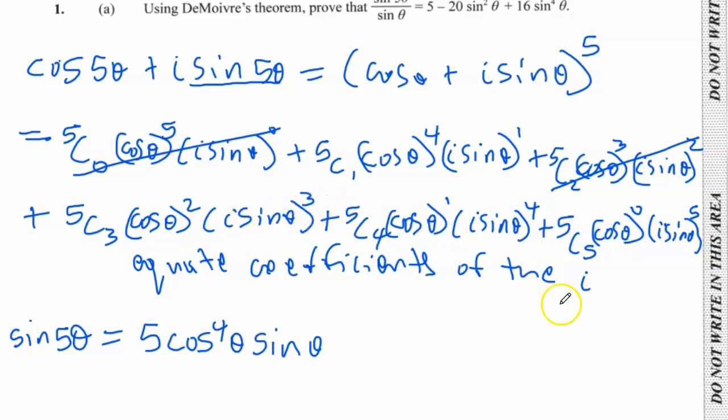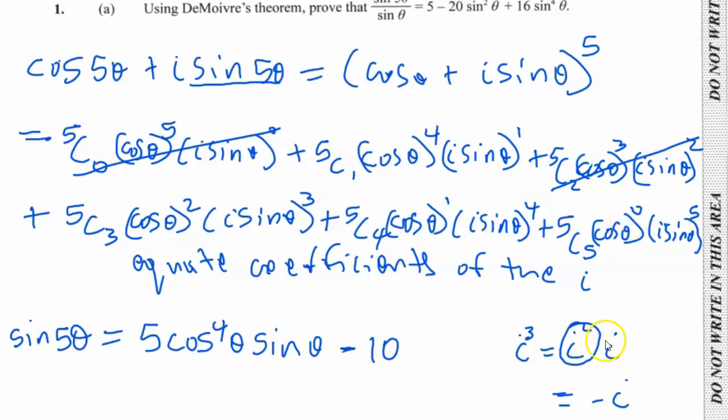Alright, now let's look at what i cubed is. i cubed is equal to i squared times i. And remember, i squared is minus 1. So i cubed is actually minus i. So this term will have a minus i, so it'll be a negative term. And 5 choose 3, the value of 5 choose 3 is 10.